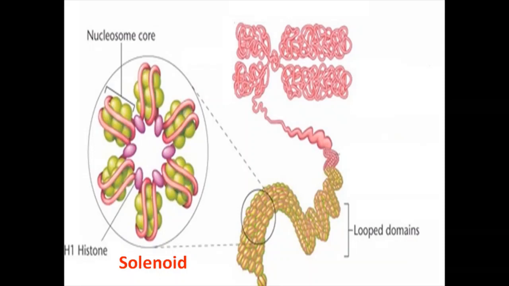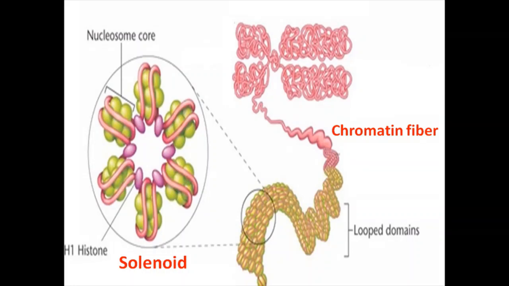So, another group of proteins called scaffold proteins help in the further packaging of DNA. These scaffold proteins help in looping the 30 nanometer fiber further and form the chromatin fiber of 300 nanometer diameter.